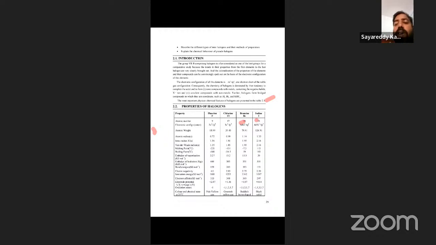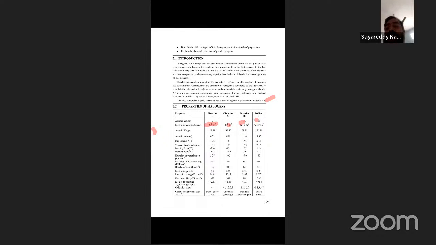You have to know all of them, and the electronic configuration. Fluorine is 1s2 2s2 2p5, so the valence electrons are 2s2 2p5. Then chlorine is 3s2 3p5.